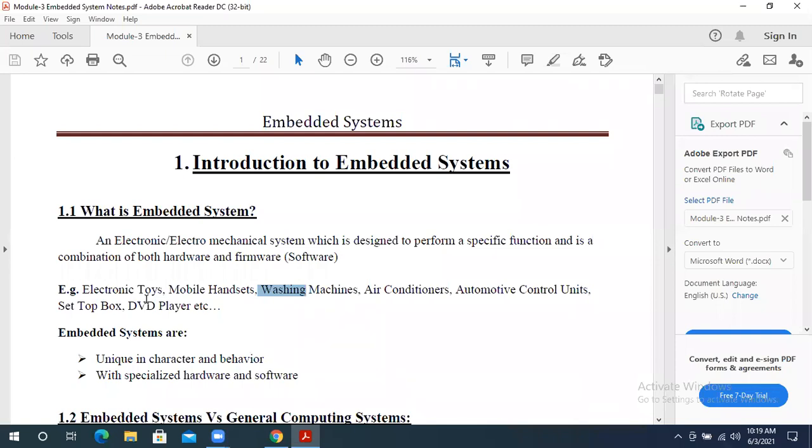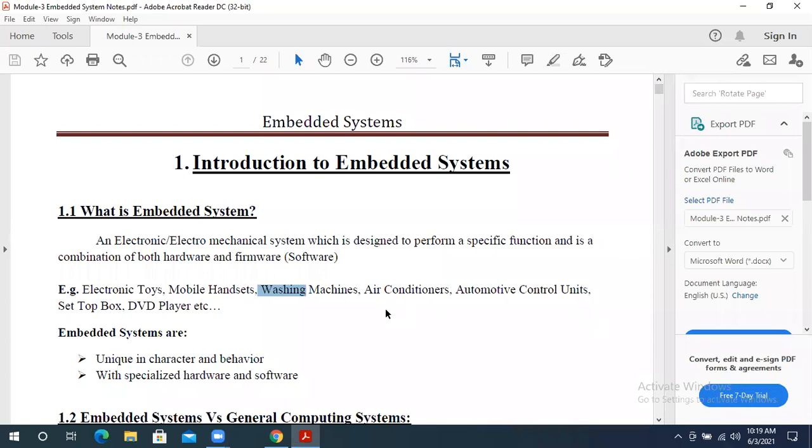If we take the example of a washing machine, it is meant for only one specific job, nothing but to clean the clothes. Other than that, it doesn't do any work here. That is called an embedded system here. Is that clear to all of you? I hope the definition is clear to all.